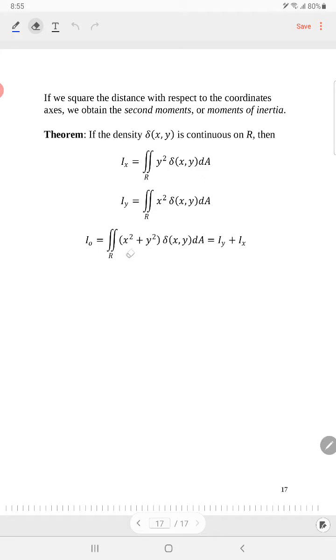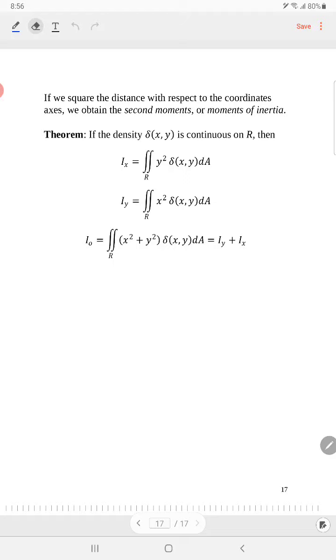The integrand is x squared plus y squared, everything multiplied by density delta, and then integrated over region R. And this moment of inertia with respect to the origin is also equal to Iy plus Ix. Because if you write this using two double integrals, then it's really Iy plus Ix, because x squared delta gives Iy and y squared delta gives Ix.